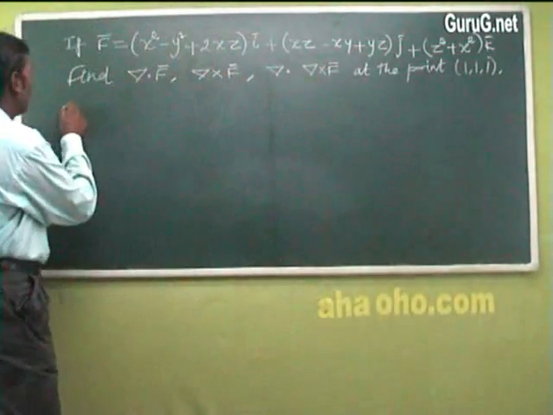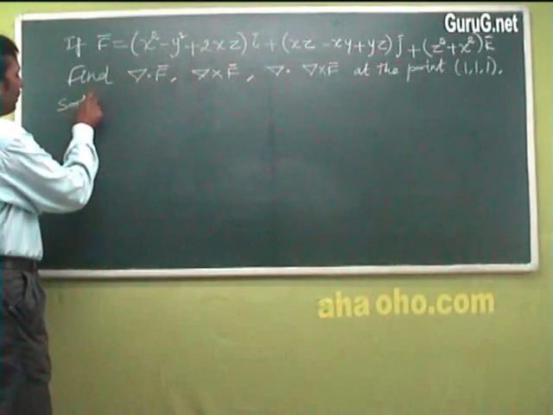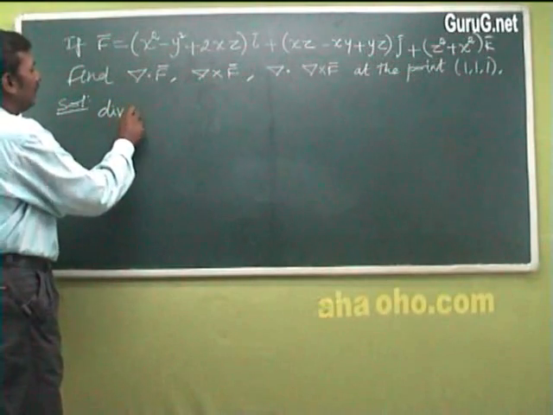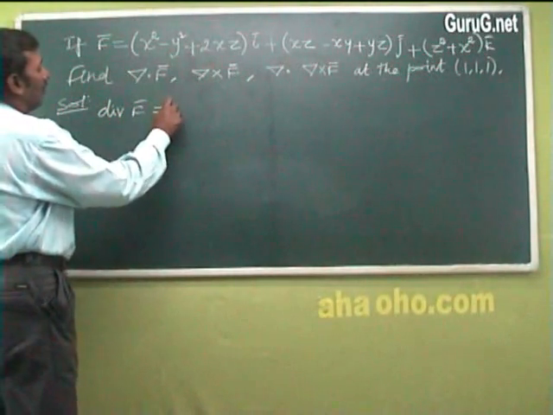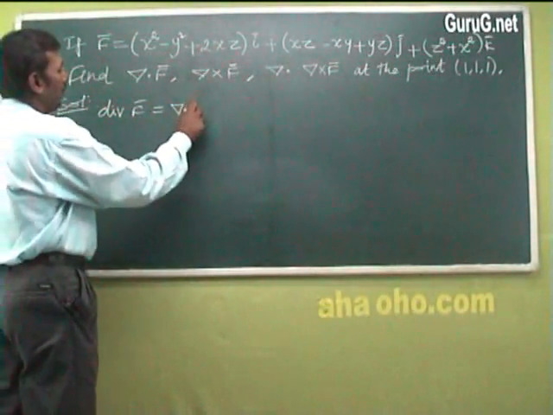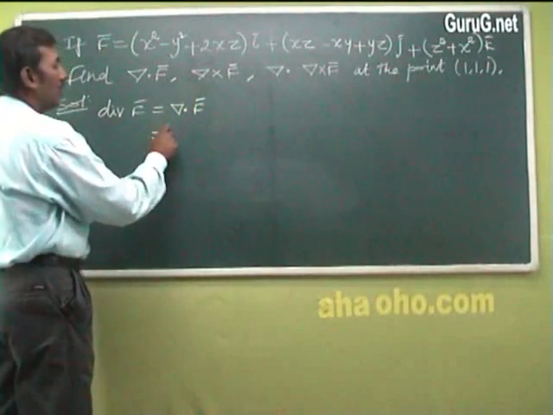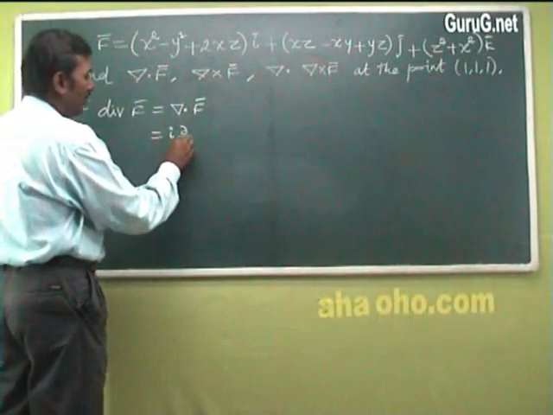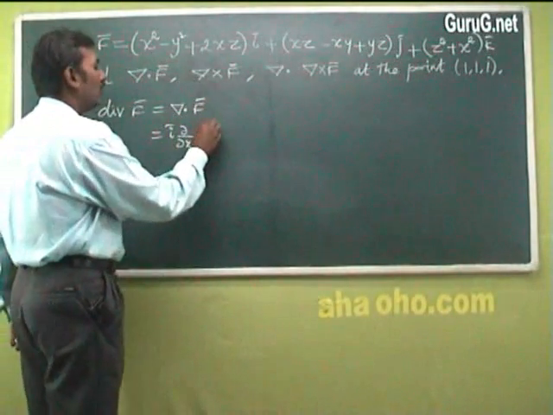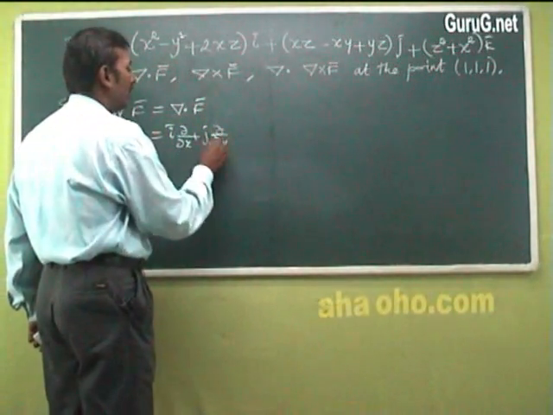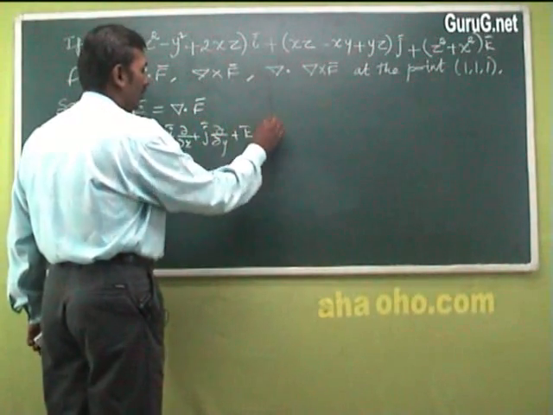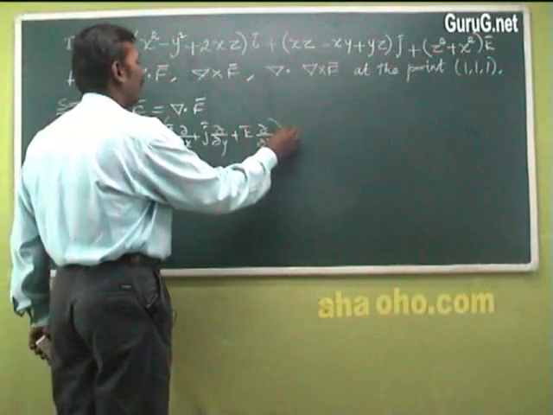But what is del dot f? In the previous class we saw the definition. Div f or del dot f, both are the same. But what is the del dot definition? It is i into dou by dou x plus j into dou by dou y plus k into dou by dou z, dot f vector.